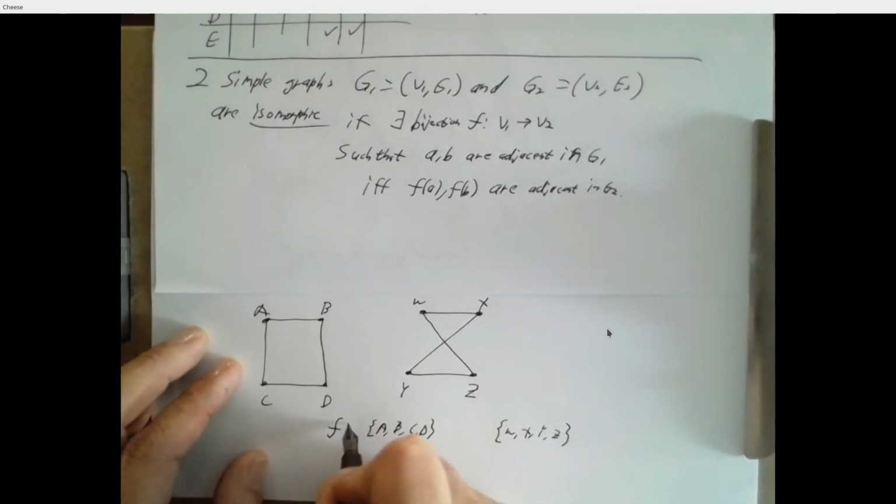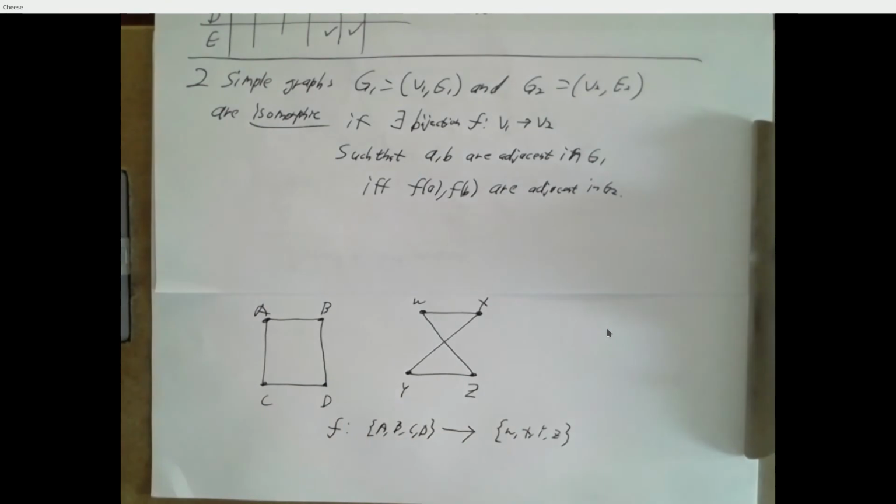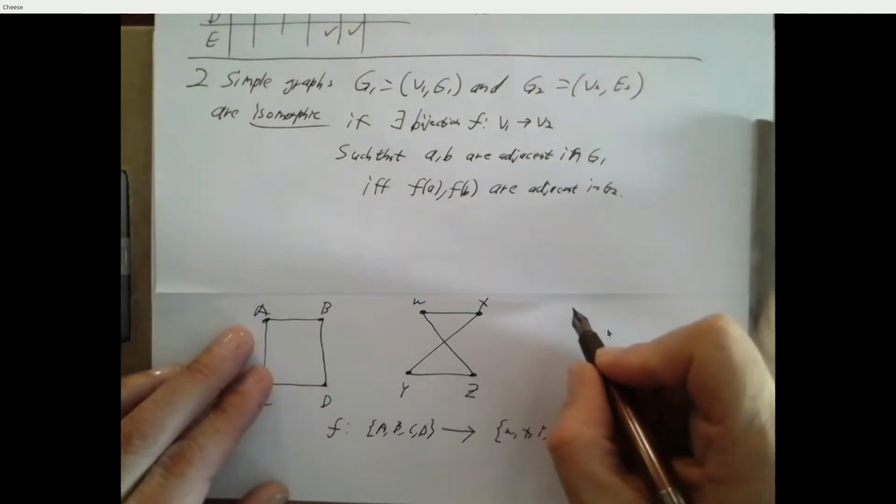To prove that they're isomorphic, we need to form a function that maps from that first set to the second set, and it has to be a bijection, a one-to-one onto mapping. Here's what this mapping can look like.